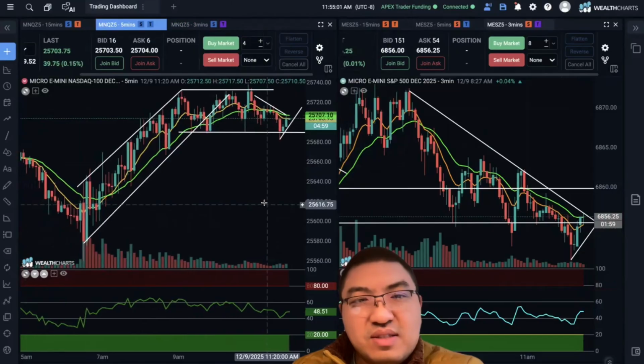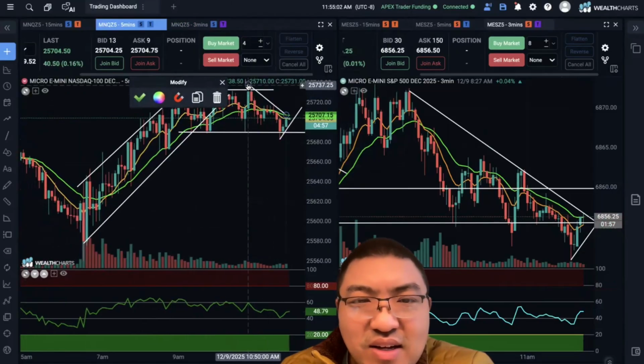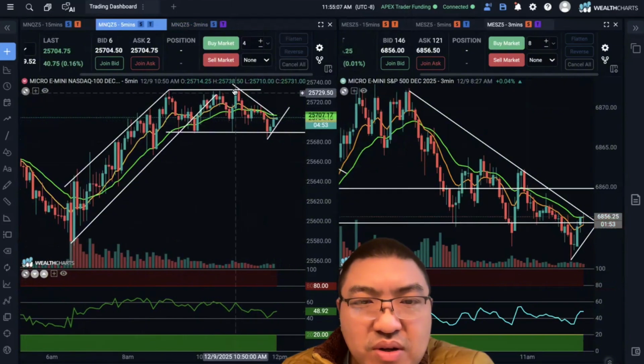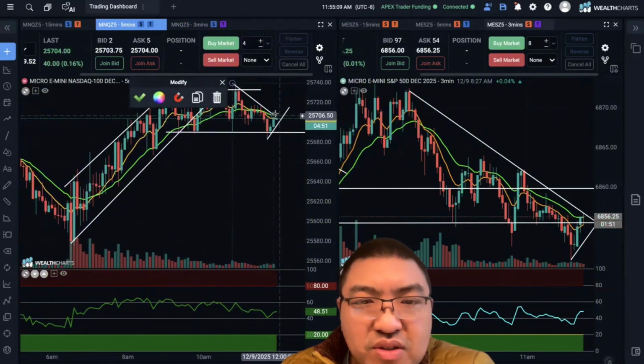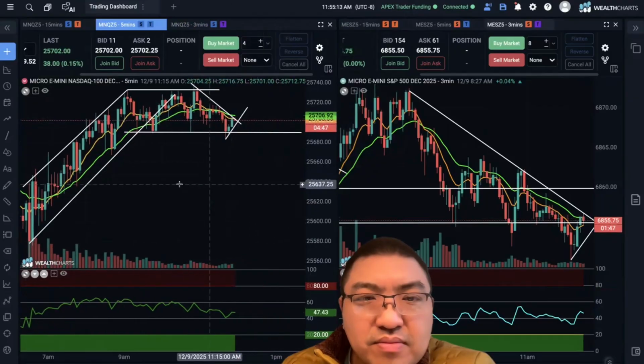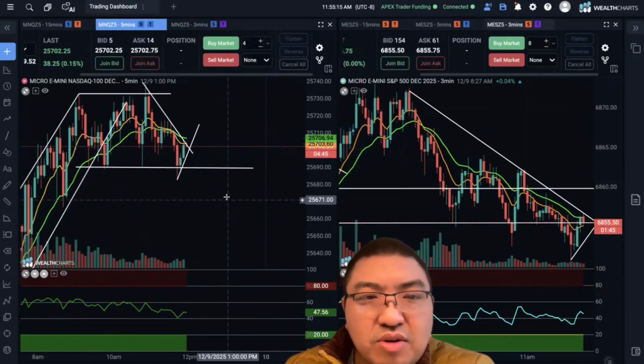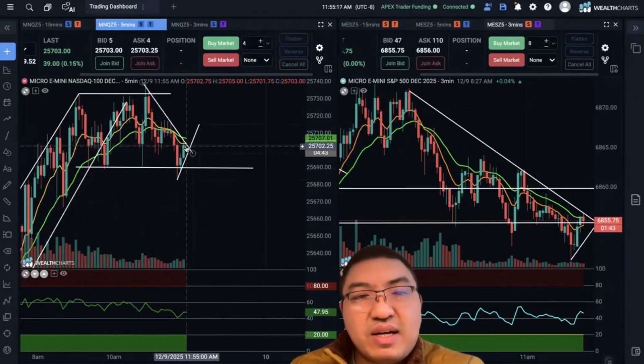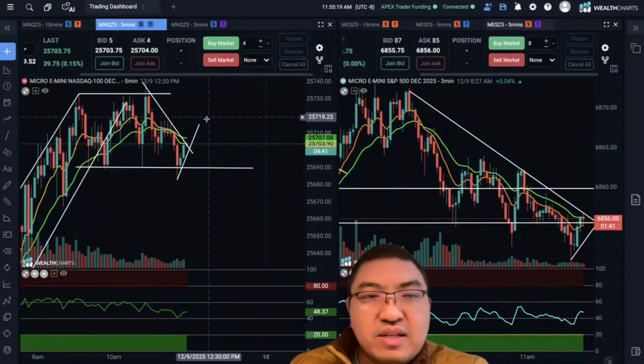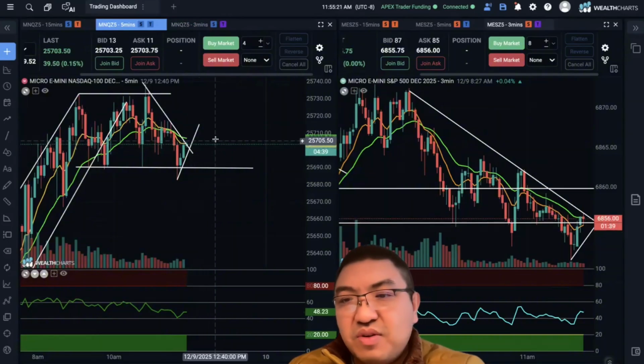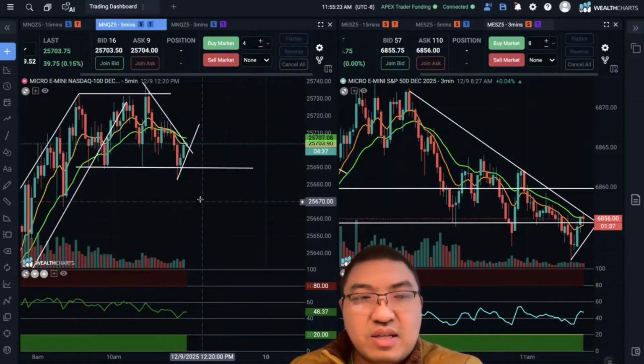Oh, God. Wait for the break of the trend line. So it's almost there. Wait for the break of this trend line, and retest and upward. If it breaks the trend line, that's another story.